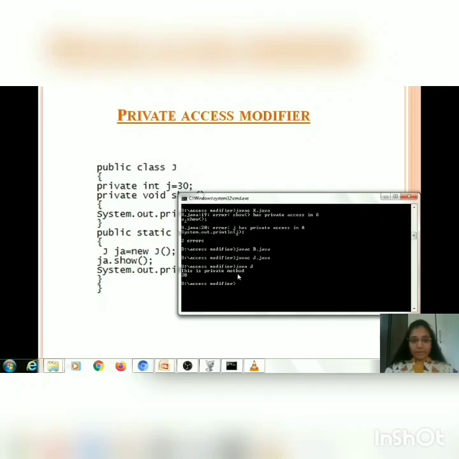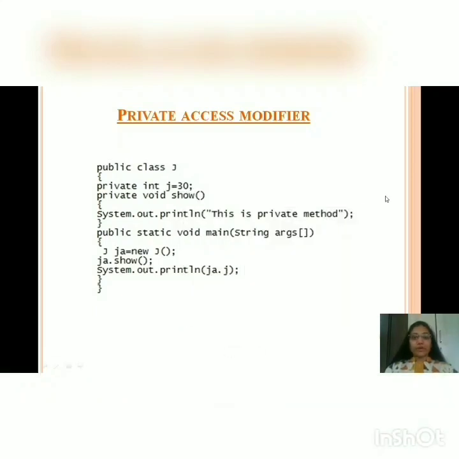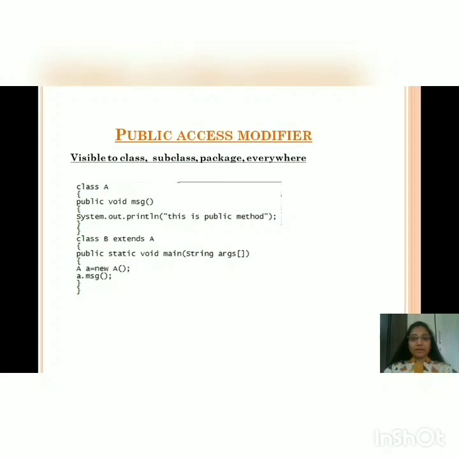This is private method and the value of variable j, that is 30. So if a method or a variable is declared as private, then it allows access within the same class only.